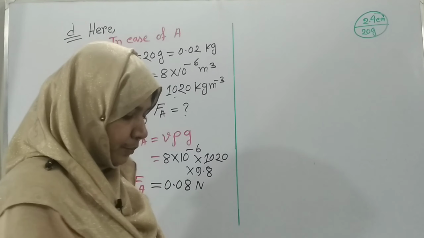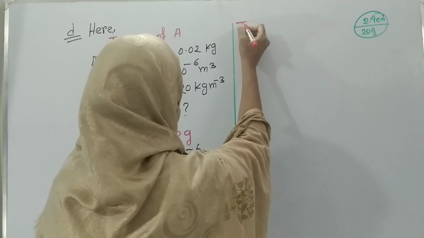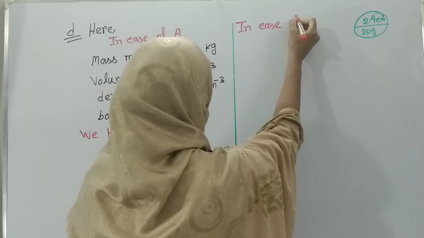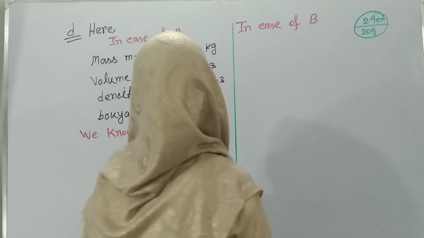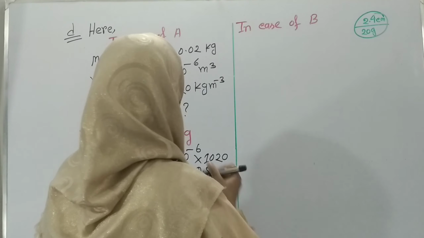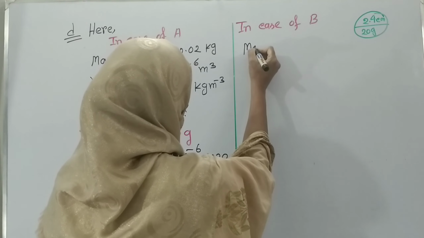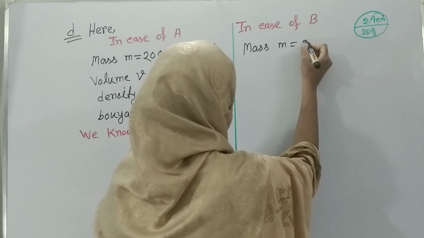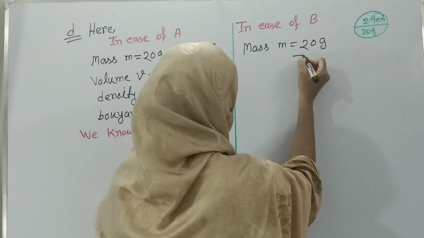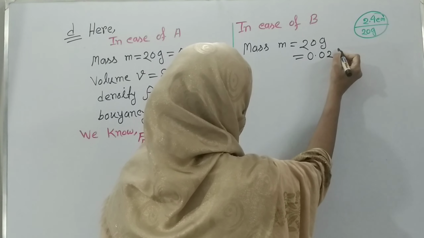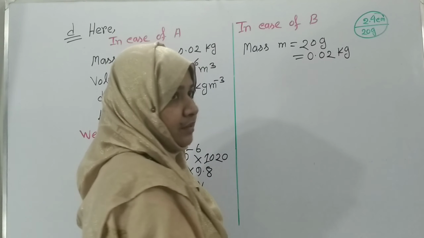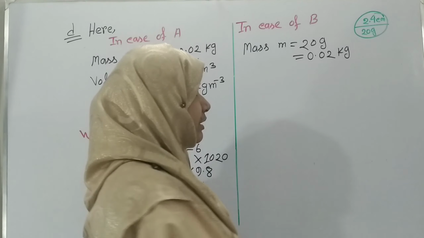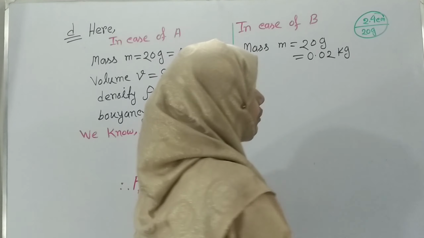Now in case of B, the mass of the object M is 20 gram, that means 0.02 kg. And as you see, it's a spherical shaped object and the diameter of the object is given as 2.4 centimeter.